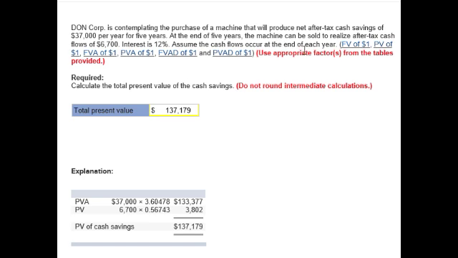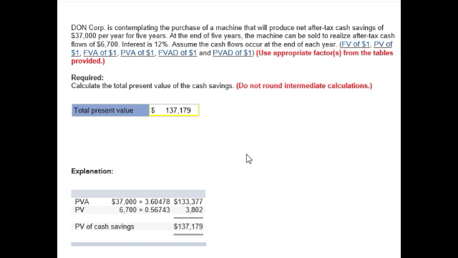But since this statement says the cash flow happens at the end of each year, we'll be using the present value annuity table, not annuity due. So we'll use present value annuity for the $37,000 per year for 5 years.